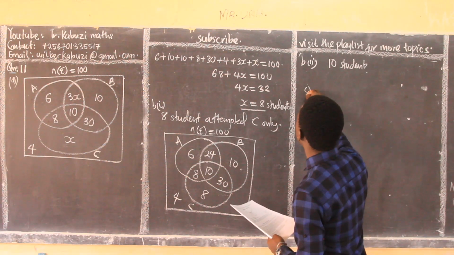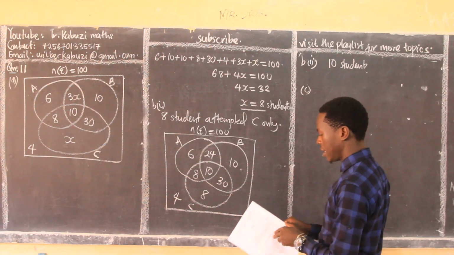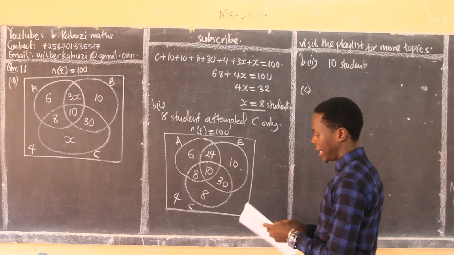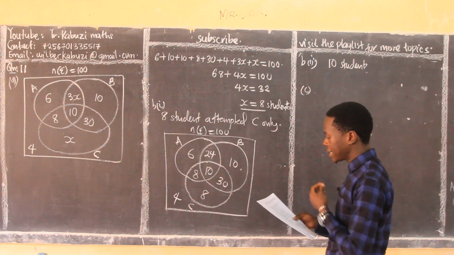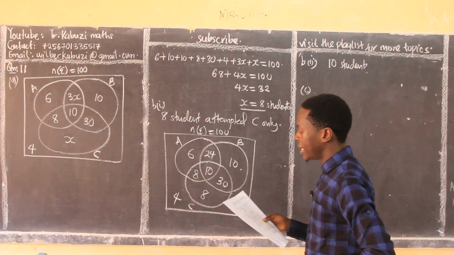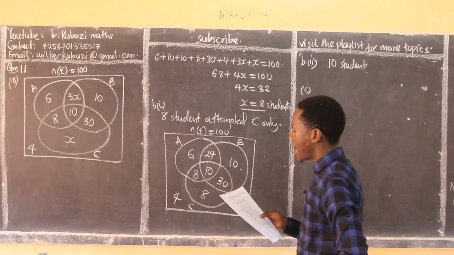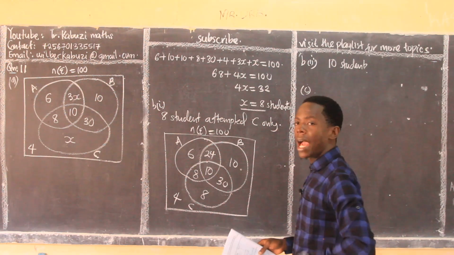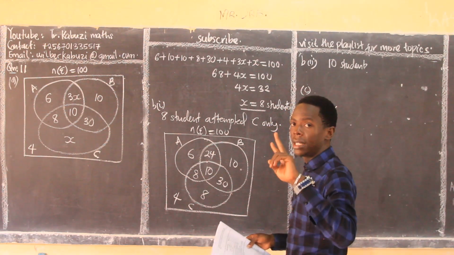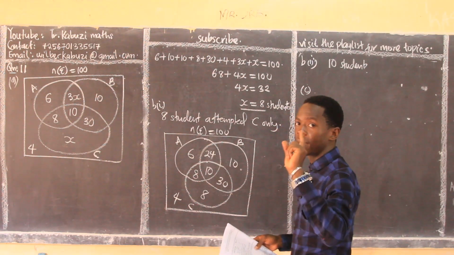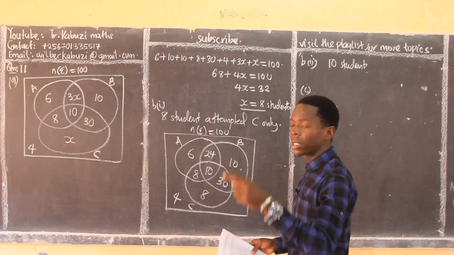Then we had part C, which says, if a student is selected at random from the class, determine the probability that the student attempted the questions from at most 2 sections. At most means 2 and below. So we are going to take those who did questions from 2 sections, 1 section, and then 0 sections.